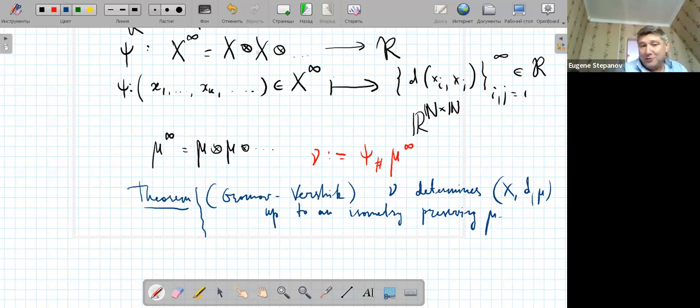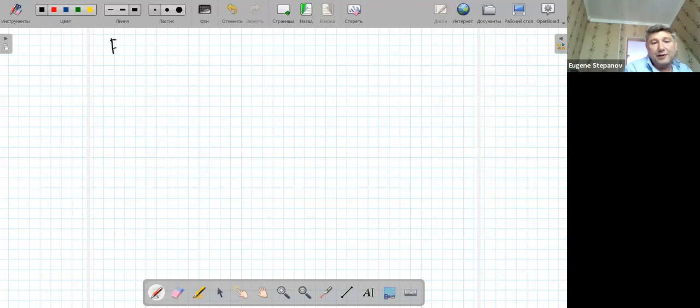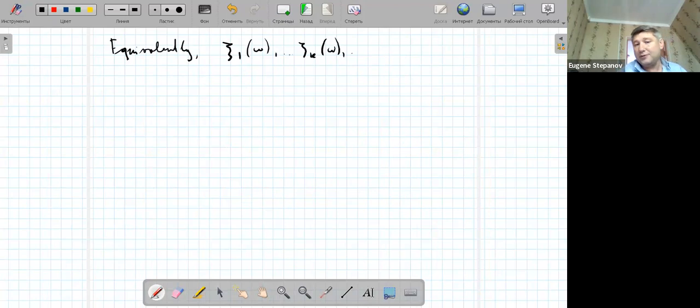Now, from the practical point of view, if you would like to see in this answer a kind of answer to my original question, I would say that this is equivalent to throwing points on your metric measure space randomly. So you choose random points psi_1(omega), ..., psi_k(omega), and so on.